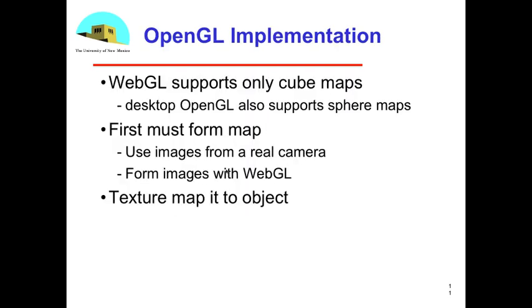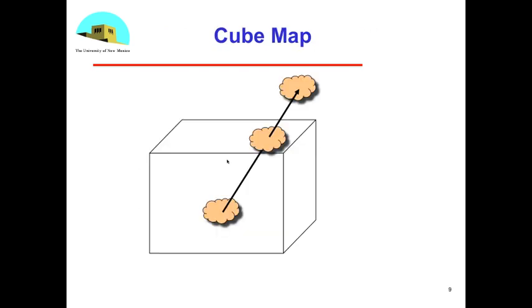You can also form the images if it's a totally virtual scene. You can form that image by just doing a rendering. So I could say, well, look, what is the image looking straight up if this is a totally virtual scene? Well, that's just a question of where is my viewer. Now I'm putting the viewer at the origin instead of the eventual place I want to look at this from.